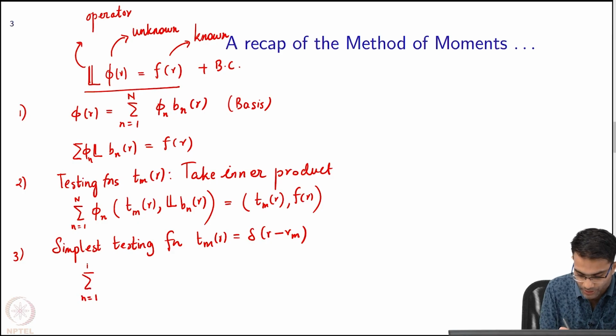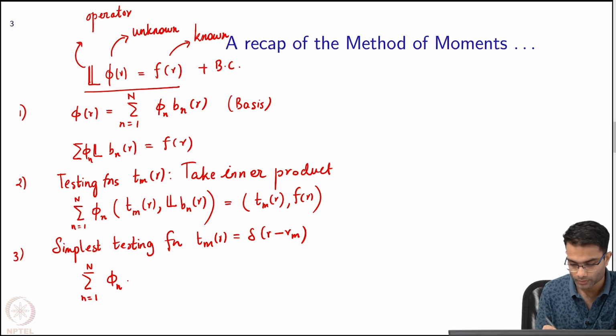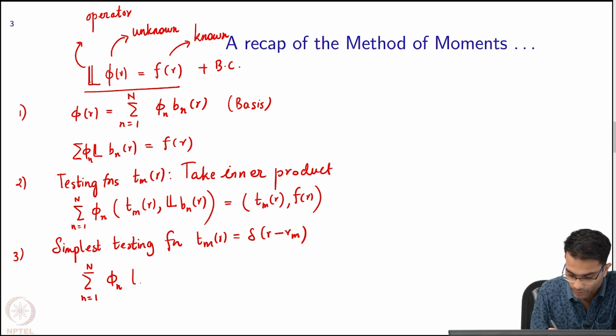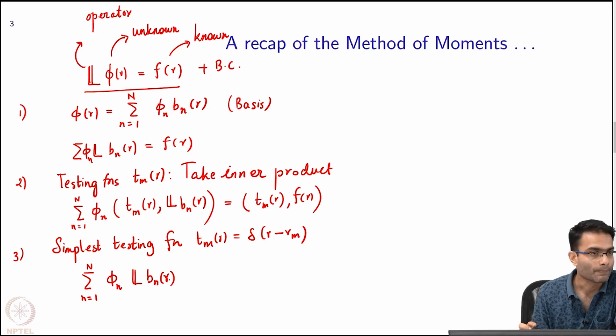This inner product collapses, the integral collapses, I am left with phi n, and then what will happen to the left hand side? L, okay, then Bn of r, what else? Where does the m appear? Or should I write, what should this be, Rm. Any other suggestions?